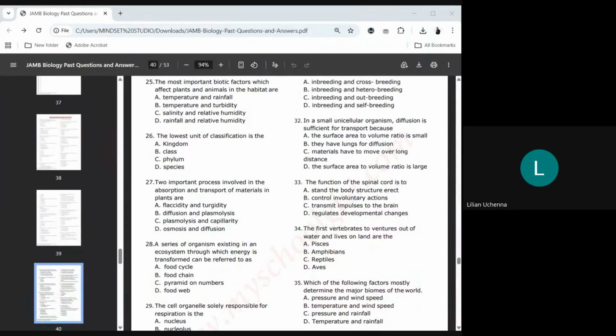C. Yeah, to transmit impulses to the brain. What about question 34? Okay, because they have to venture out of water and live on land. They are amphibians. Very good.